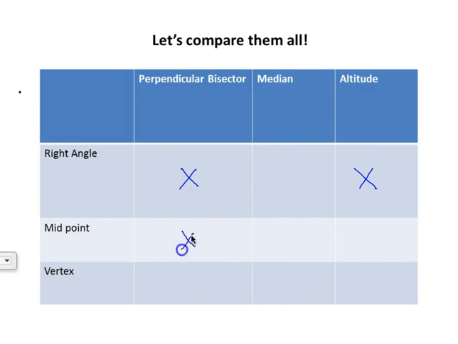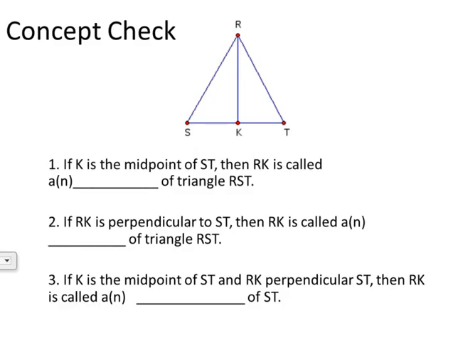Well, bisector means intersects at a midpoint, so perpendicular bisector has to be one. And then the median is going to be our other one, which leaves a vertex. Medians have to start at a vertex, and so do altitudes. So we see that each of our segments has 2 out of these 3 characteristics. I'm going to move on to the next slide, so if you need more time, go ahead and click pause.